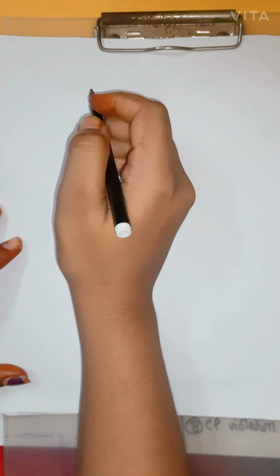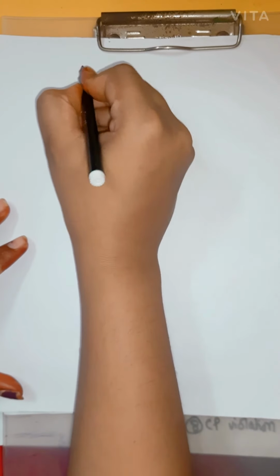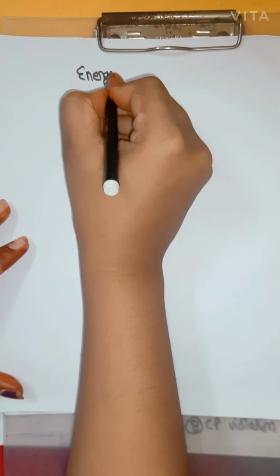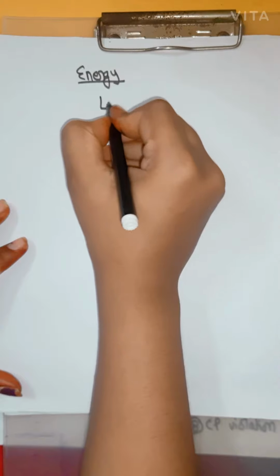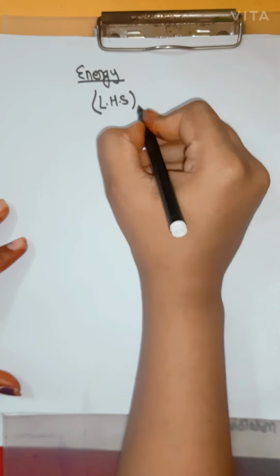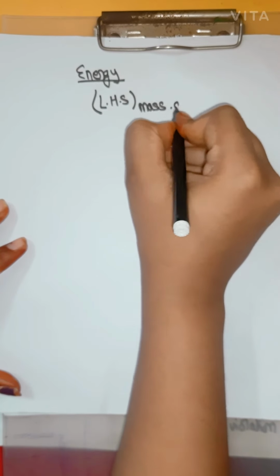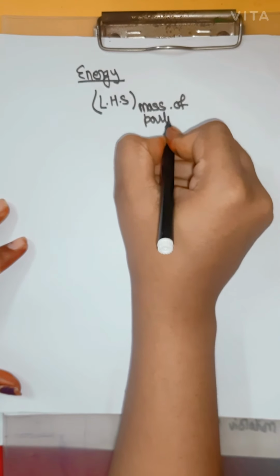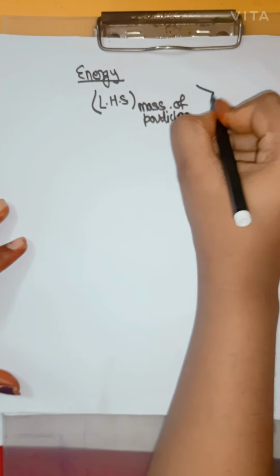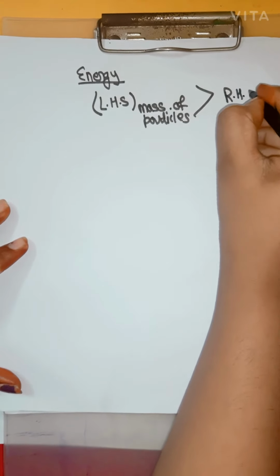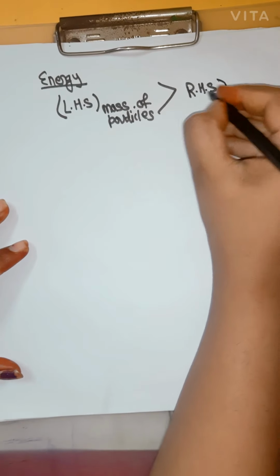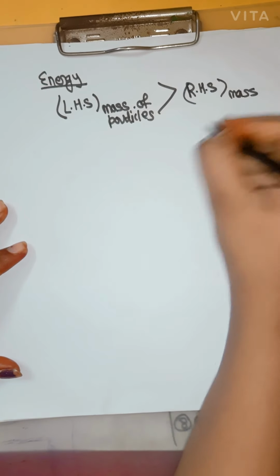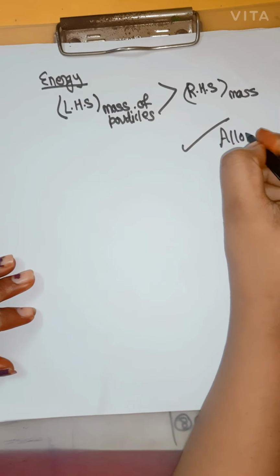In universal conservation laws, we will check energy. For a reaction, if the left hand side mass of particles is greater than the right hand side mass of particles, then the reaction is allowed.